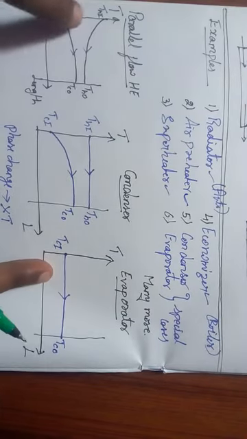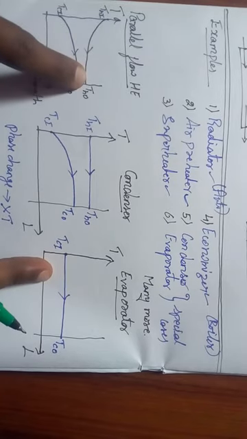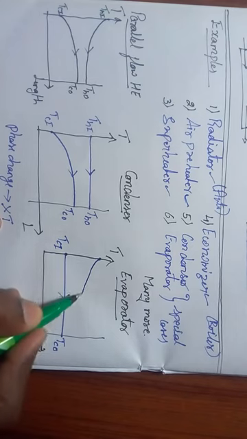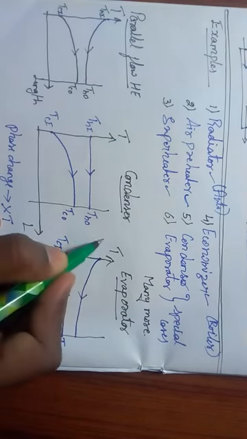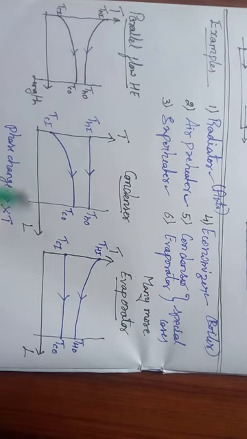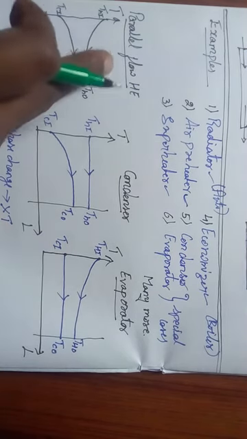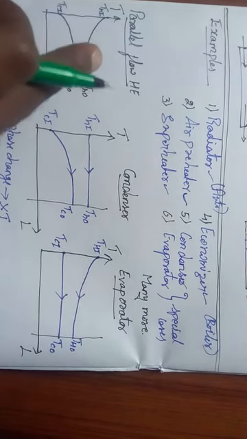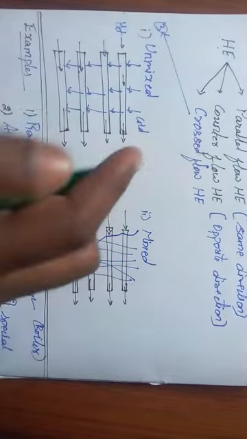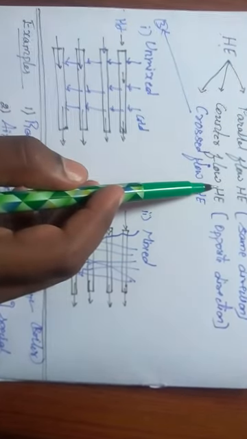Now compare it to the parallel flow. The hot fluid curve remains the same, with hot fluid inlet and hot fluid outlet. Here I have taken parallel flow as an example. It's not a necessary condition. You can also imagine the same kind of diagrams with the help of a counter flow heat exchanger.